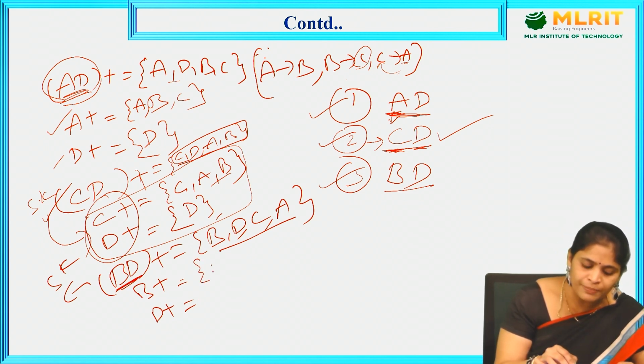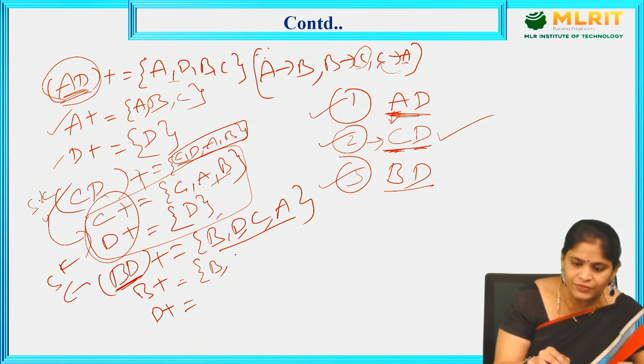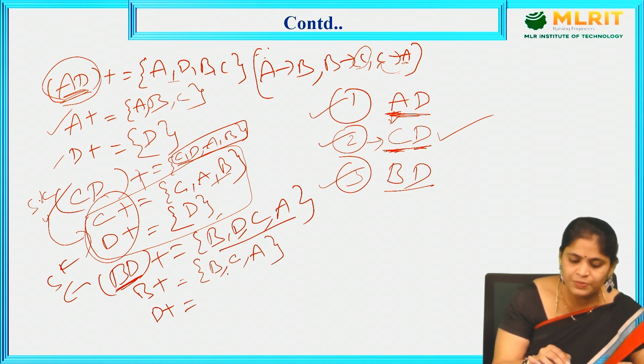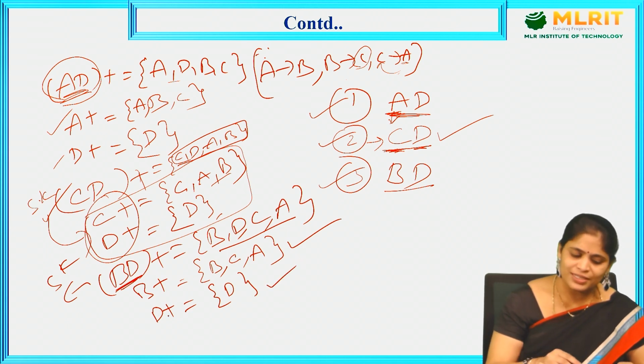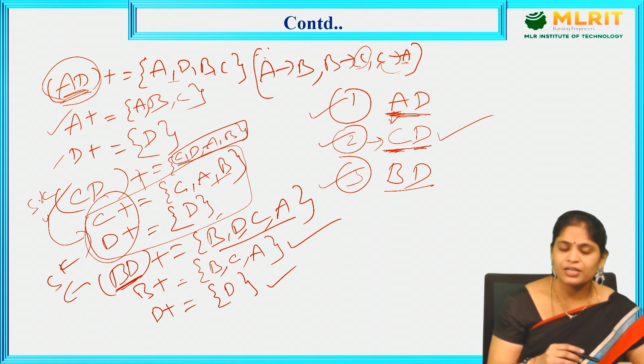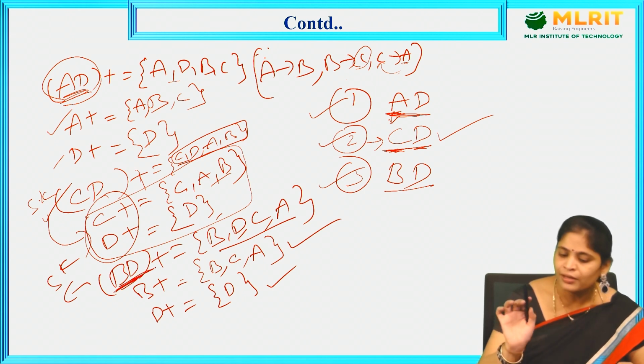So what is B plus? B derives C, C derives A, A derives B. And D is only D. Because here we don't obtain all the attributes in the given relation, BD can be a candidate key.